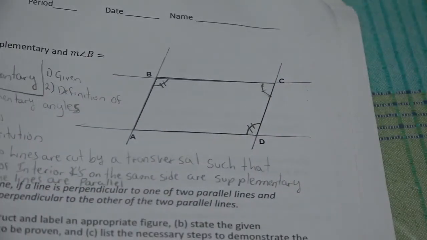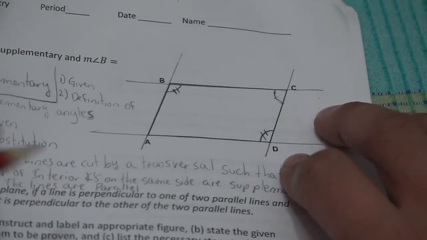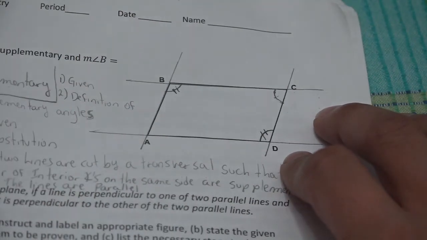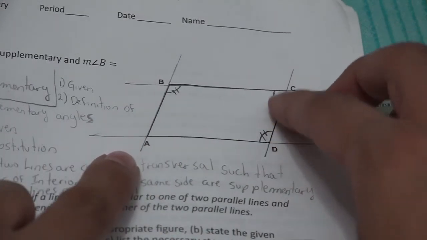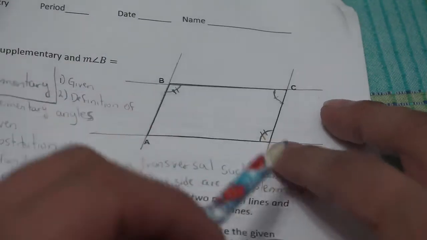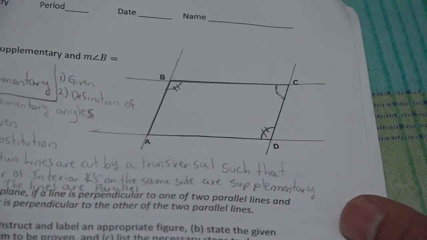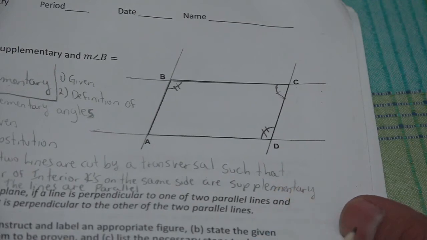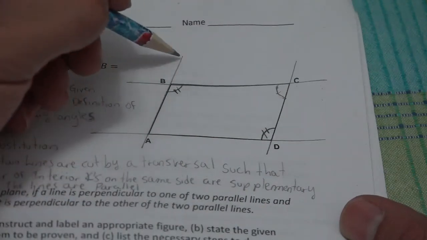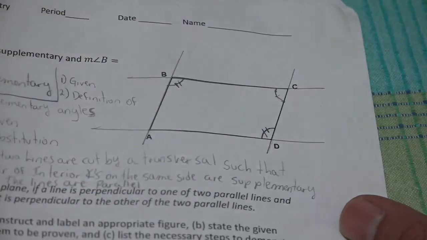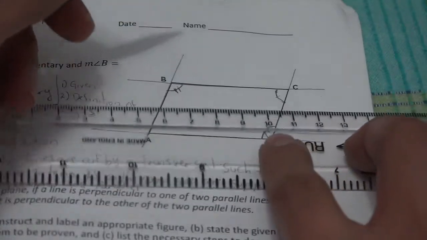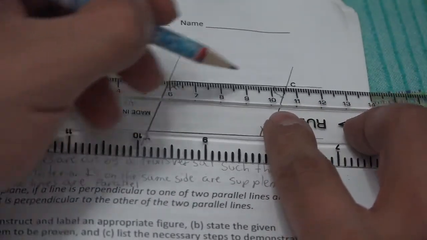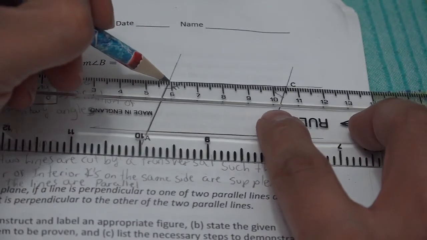So these lines right here and these lines right here create angles on the same side of the transversal. These two lines right here, that's what we needed to prove, that they are parallel. So all you have to look at is the two lines and these being the transversal.